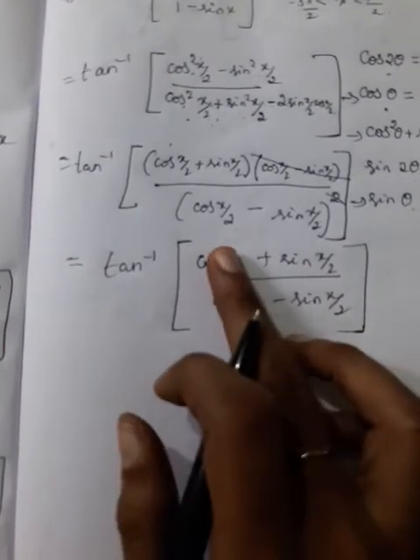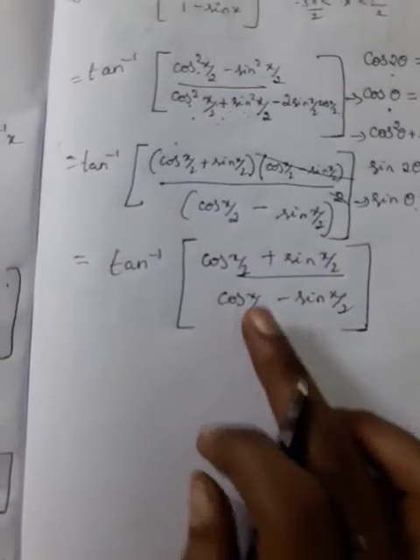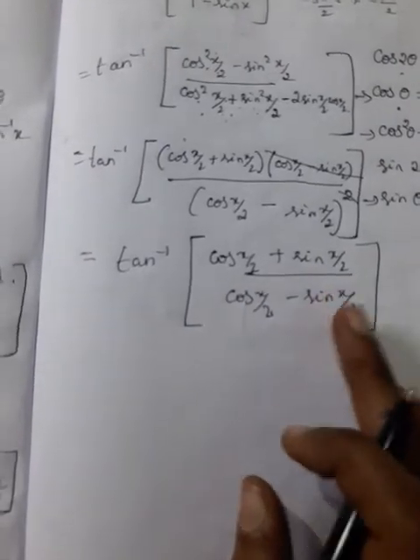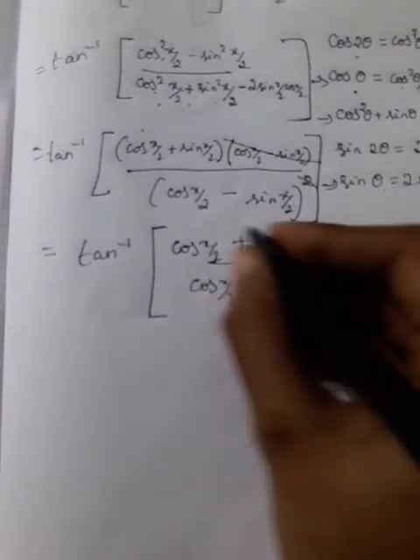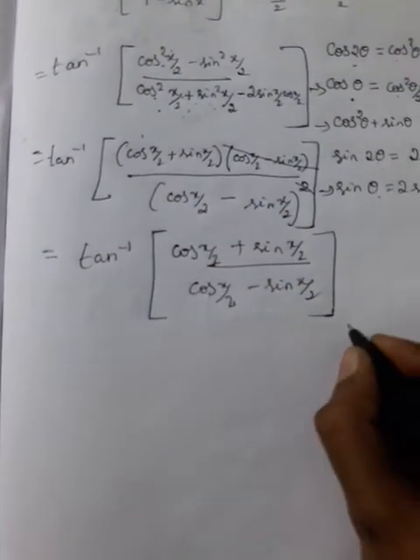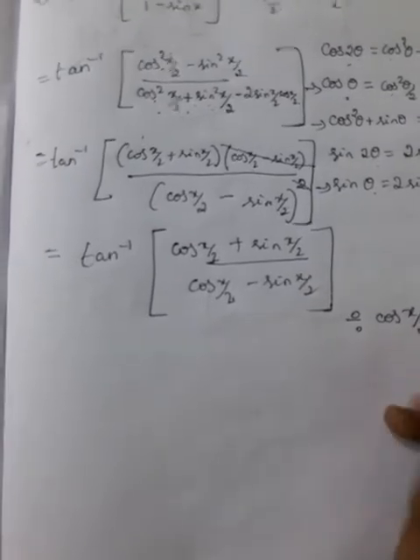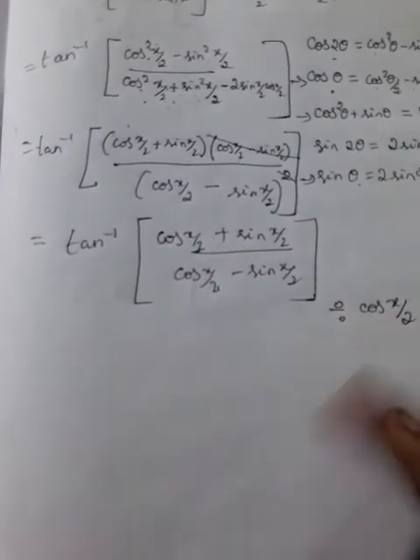If you divide by cos x by 2, this becomes 1, sin by cos is tan, and cos by cos is again 1, sin by cos is again tan. So divide only the term inside the bracket by cos x by 2.